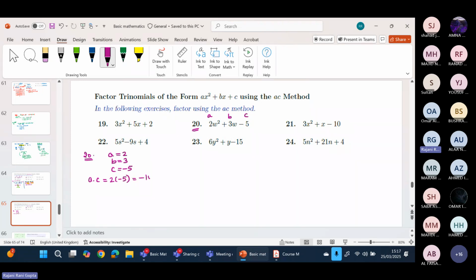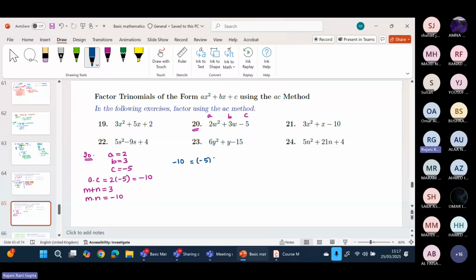That is -10. Okay. So your numbers M plus N should be 3 and M multiply N should be -10. So you are looking for two numbers which on multiplication gives you -10. So how you get -10?